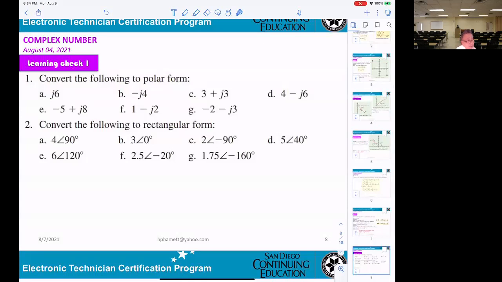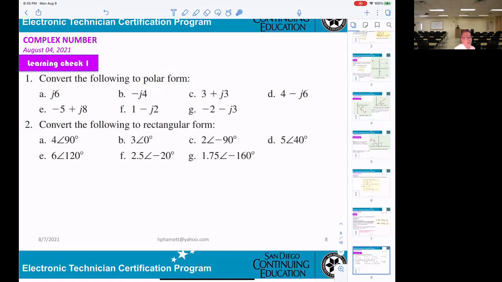I am adding 1 more day, for both the complex numbers and the review. That means next week maybe you get Monday with me, Tuesday with me, and Wednesday and Thursday with Mr. Tai, depending on what's going on today.